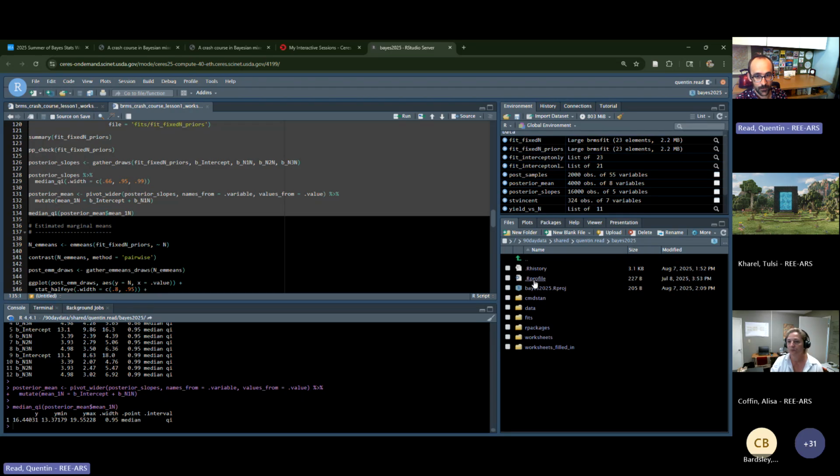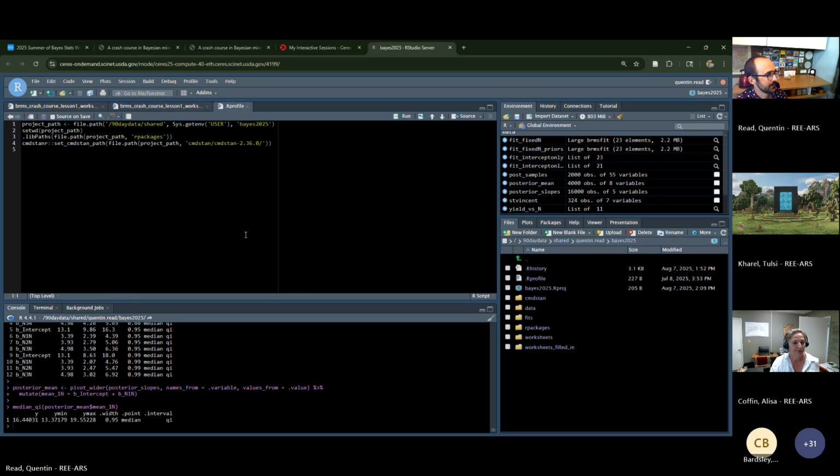That's what we're doing right now. We're opening the worksheet filled file and running everything up to this line 134. So Cameron, if you still get the error, go into the main folder of the project, open this file called R profile, and then just click on source to run the whole thing. That is the code that configures all the paths.